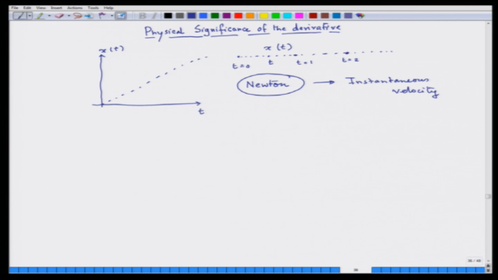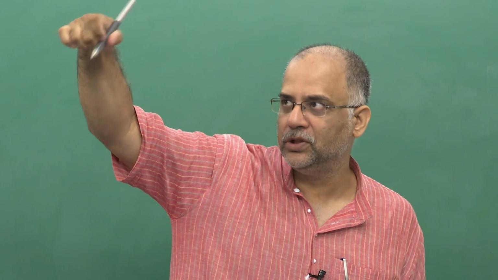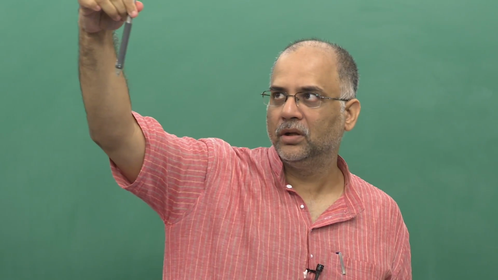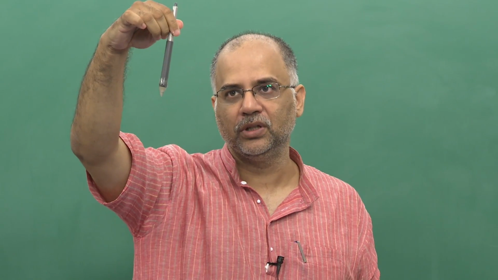Whenever I think of this term instantaneous velocity, it means the velocity of a particle which is moving, say the pen is moving, and then at one particular instant you want to know the velocity.